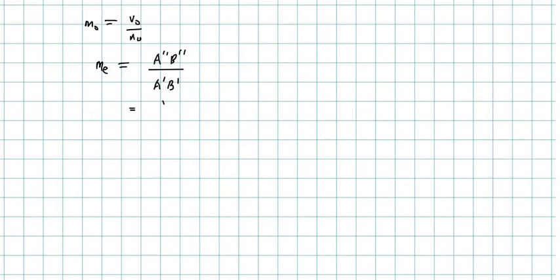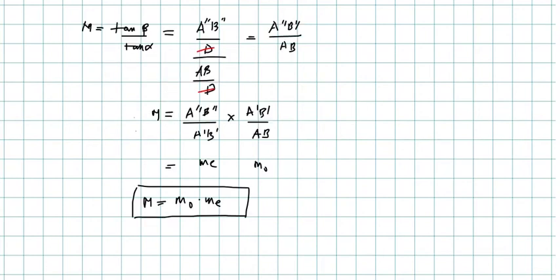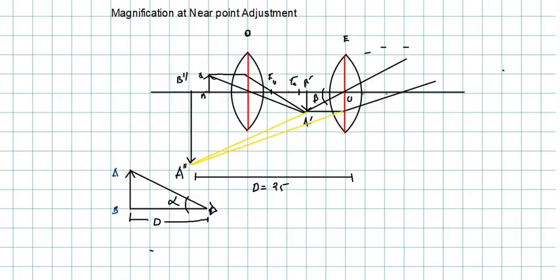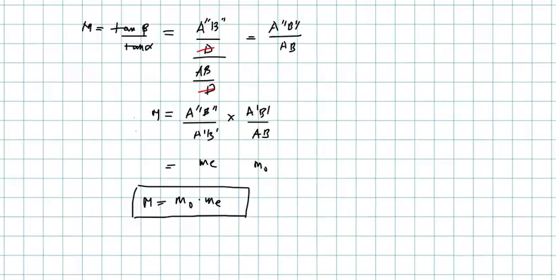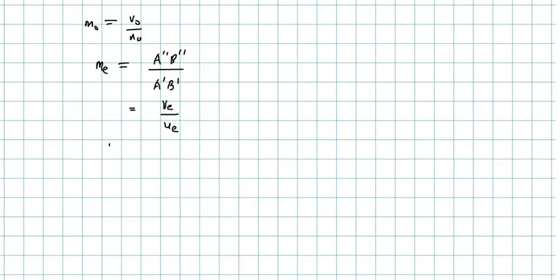This is image height by object height, so this one also we can write as VE by UE. Now which one is VE? This is definitely VE, and what is UE? This is UE, correct? So let us go back to the relation. So it is VE by UE.